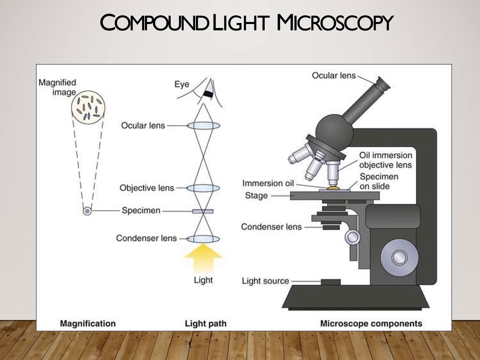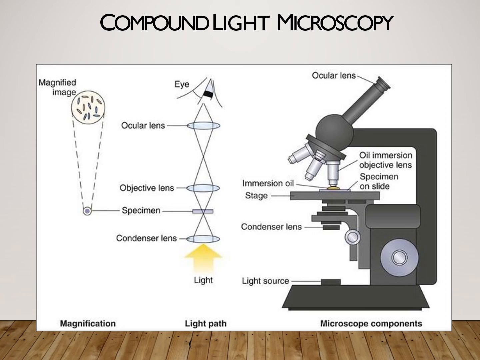A benefit of light microscopy is that it can often be performed on living cells, which cannot be done with electron microscopy, because electron microscopy is performed under vacuum conditions.